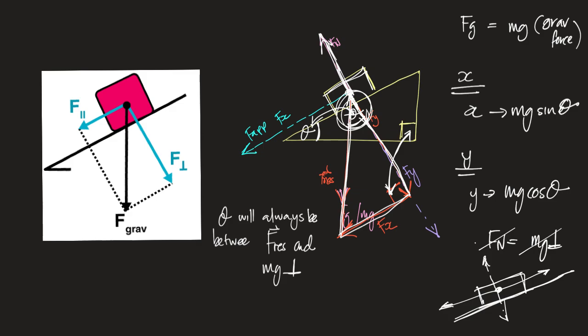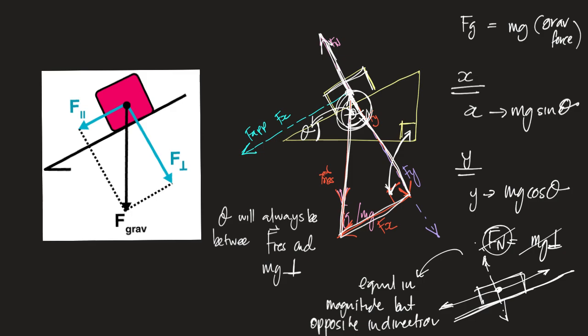So they equal in magnitude but opposite in direction. So those are some of the things that we need to actually look at. So this gives me F parallel and this gives me F perpendicular. So you've got your two forces. The only time where you might need this force of the normal is if you're ever working with friction. And we'll get to that as we get on.